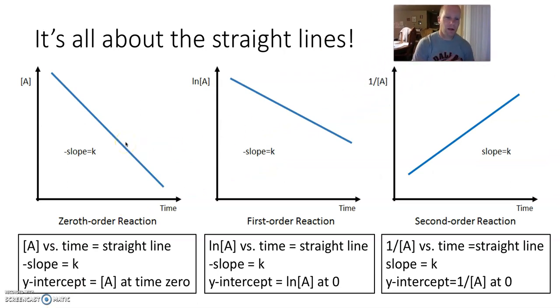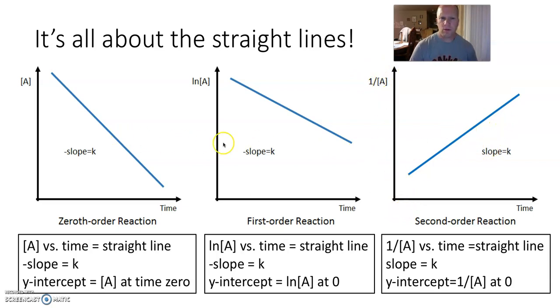When it comes down to this, it's all about straight lines and graphs. For a zero order reaction, if we graph the concentration of A versus time, we get a straight line with a negative slope, so the negative slope equals K. For the first order reaction, if we graph the natural log of A, we get a straight line, and the negative slope is equal to K. If it's a second order reaction and we graph 1 divided by the concentration of A, we get a positive slope.